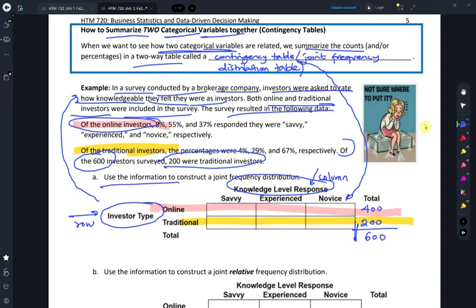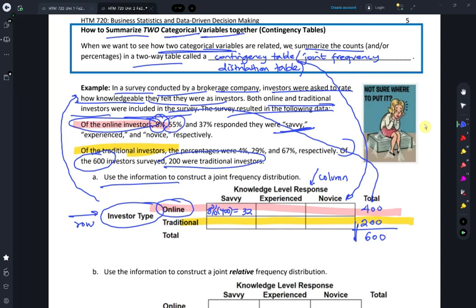We're to use this information to summarize the data in a joint frequency distribution table or a contingency table. So we have been told that online, 8% of the 400 responded that they were savvy. So what is 8% of 400? 8% of 400 will be 32.